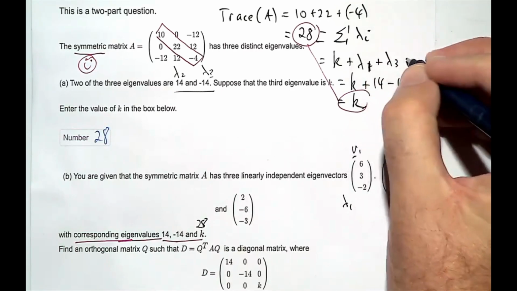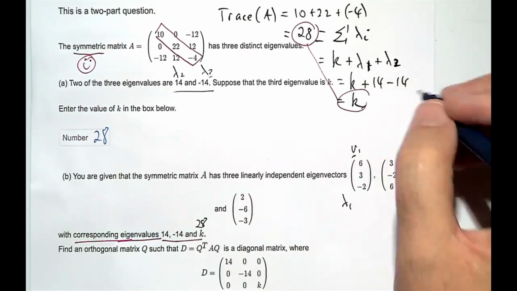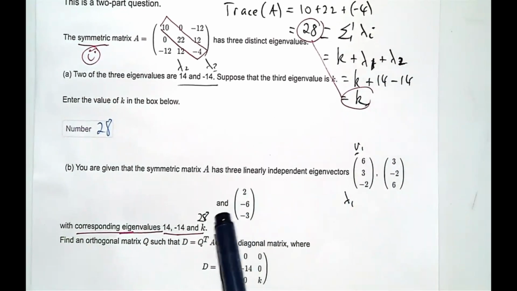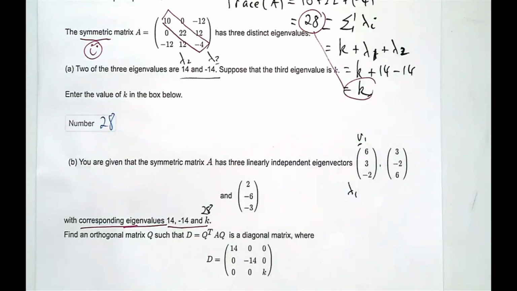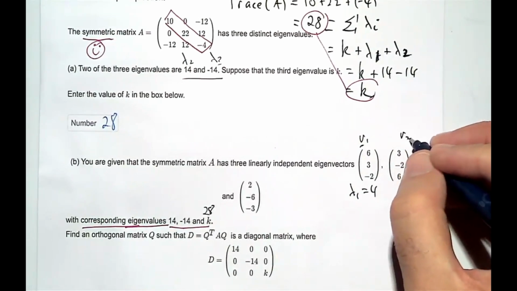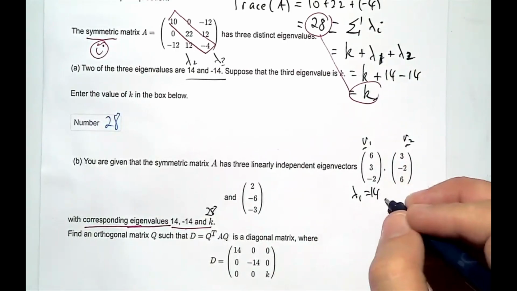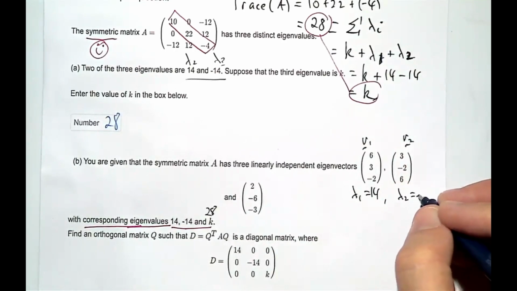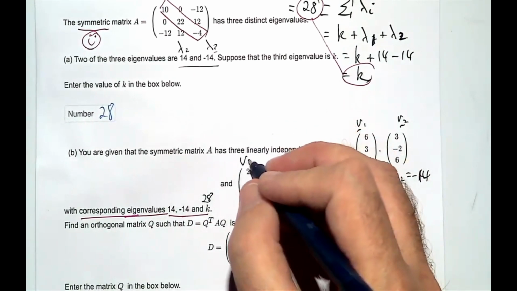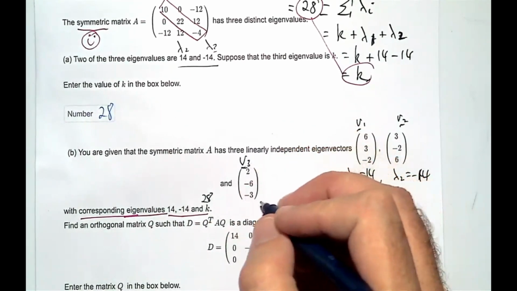I'm just going to change those subscripts to make them a bit more usable down here. So this would be for that one, this for that one, and this for that one.